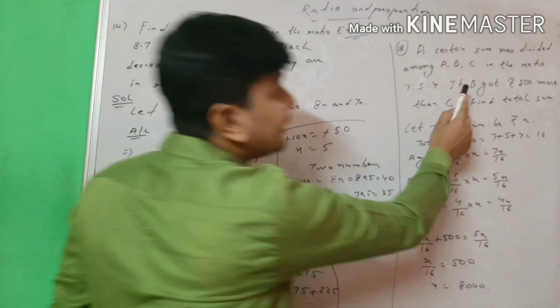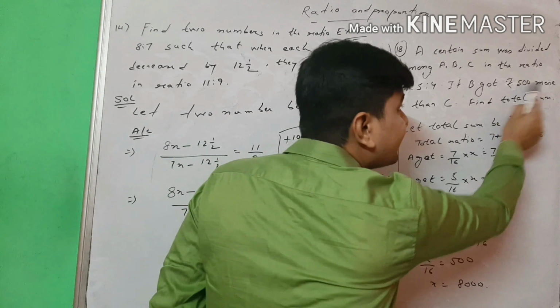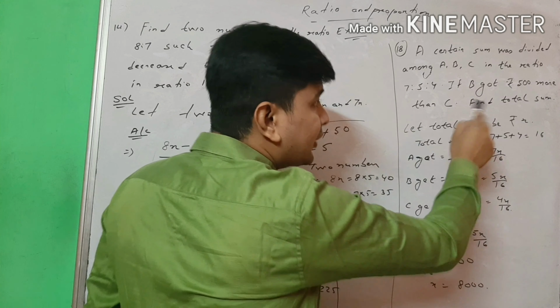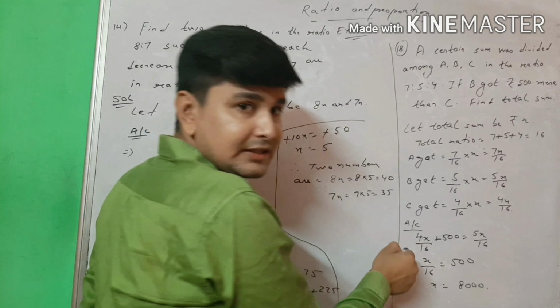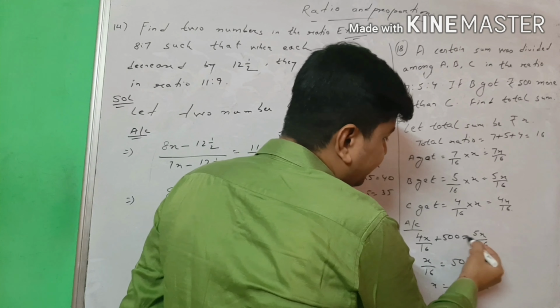Clear? But here it is mentioned that B got rupees 500 more than C. So according to our problem, C got 4x/16 and B got 5x/16. When we add 500 to C, both B and C get an equal amount. So that's why the equals sign is given here.